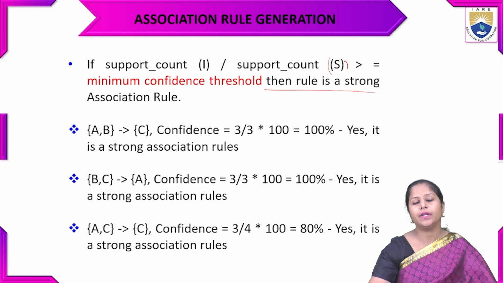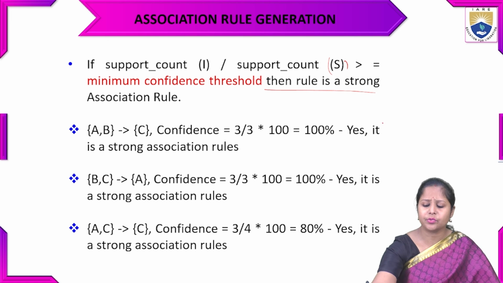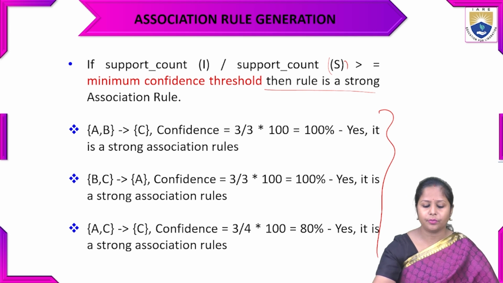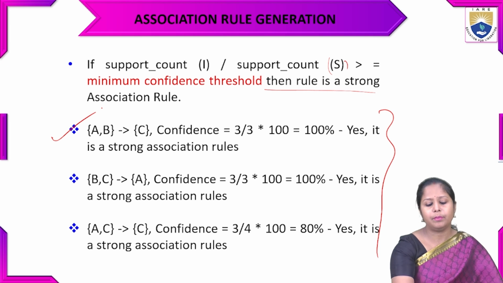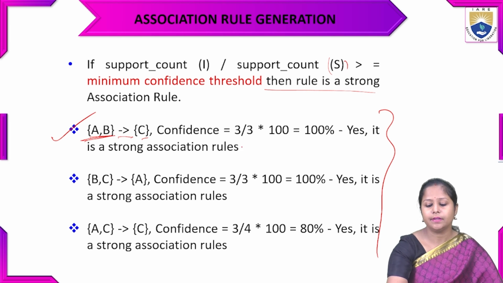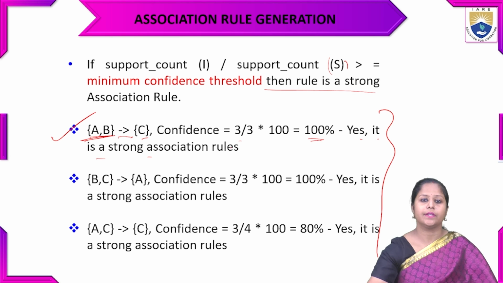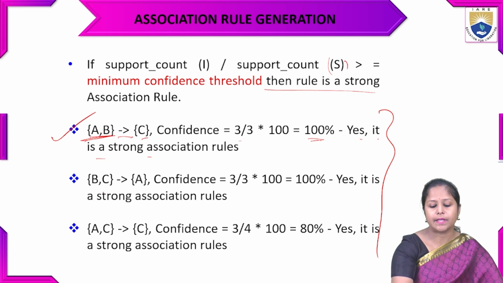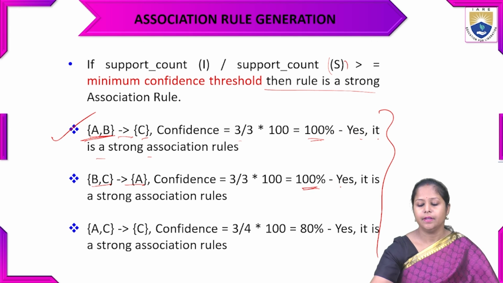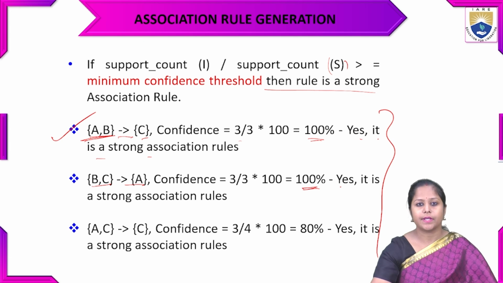So here we have found some association rules for these few transactions. First, AB depends on C. The confidence is 100%, so it is a strong association rule. BC depends on A, confidence is 100%, a strong association rule.